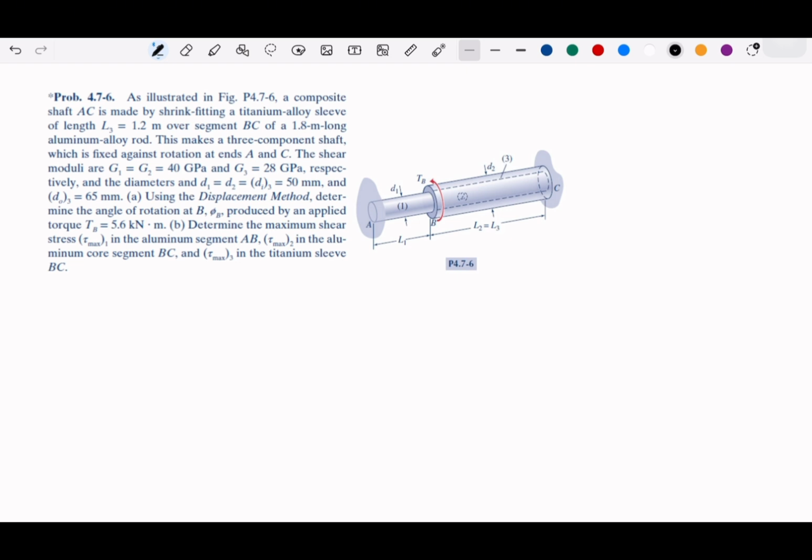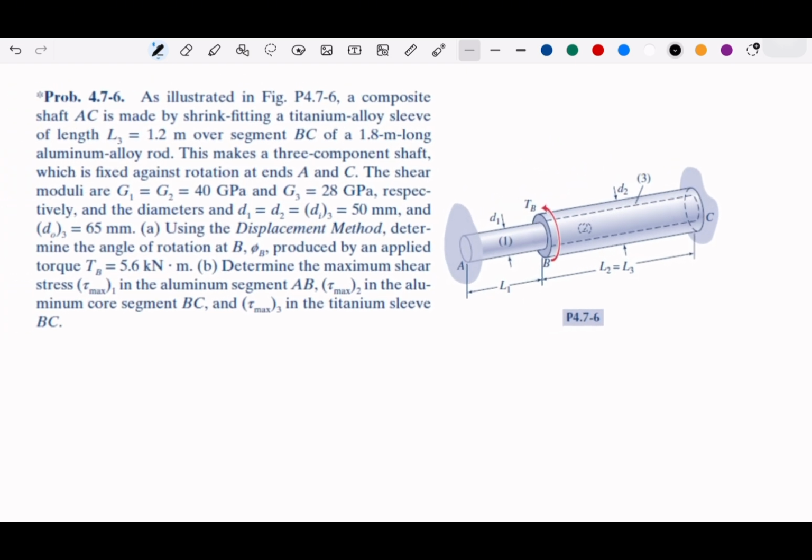So we have the shaft AC, and then we have the length, the titanium alloy, the aluminum alloy, and they have their own modulus and diameters.